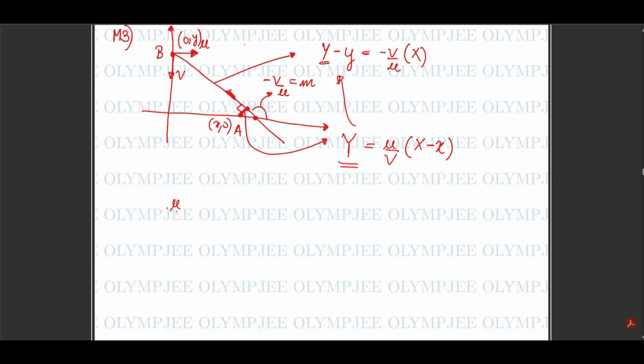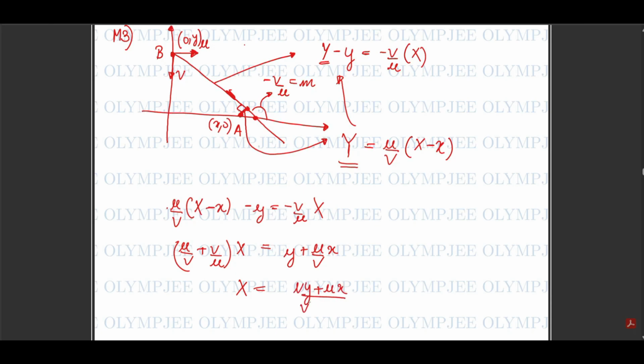So this will become, which will further give us x will give us vy plus ux divided by y into u square plus v square multiplied by uv, and we can cancel v.